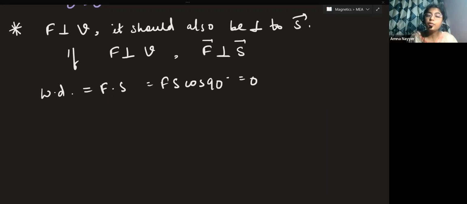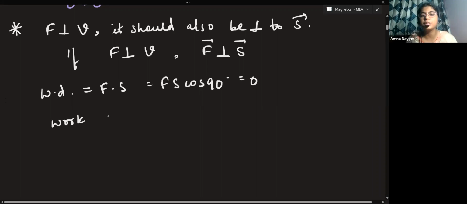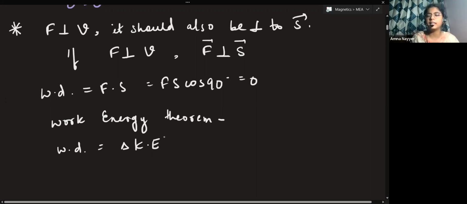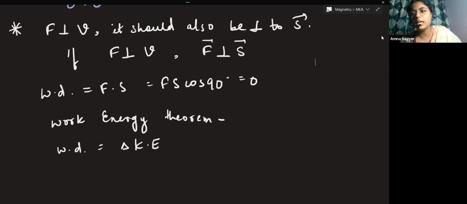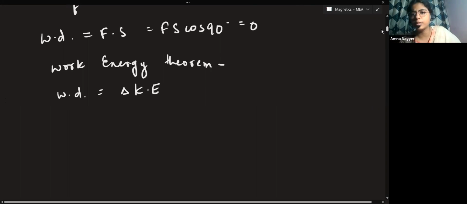How? If you're able to recall, you must have done the work energy theorem. In the work energy theorem, basically it said that the work done is equal to the change in kinetic energy.